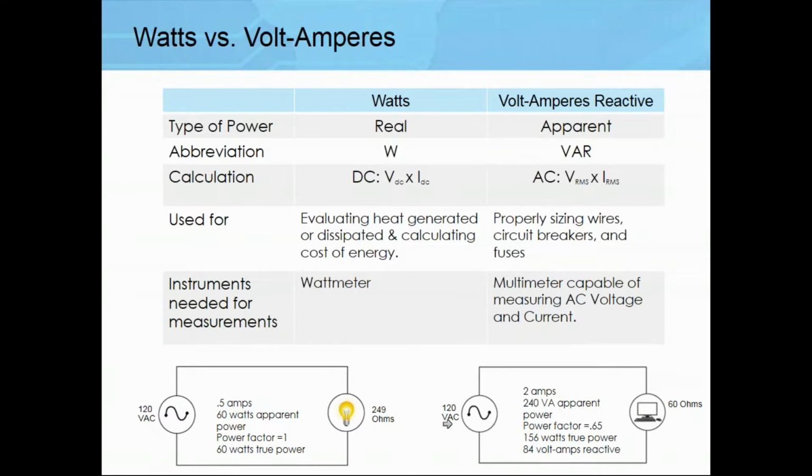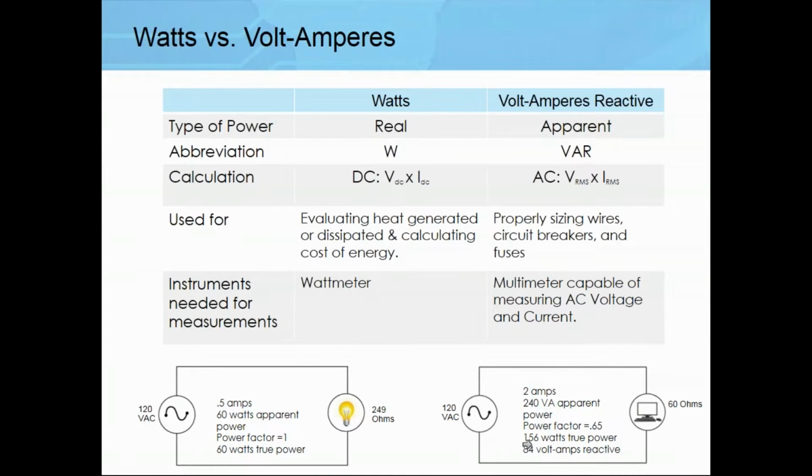Now, for example, if you had a PC, in a PC there may be some power supplies in there that need to power on, or some capacitive components in there. When you're applying 120 volts to a PC, this may have an apparent power of 240 volt-amps. Now, this is a power requirement to power up the PC, but the true work that's being done by the components inside of the PC may only be 156 watts.